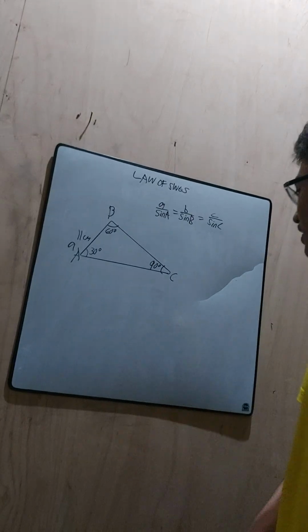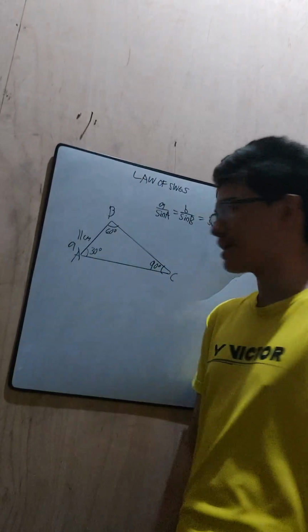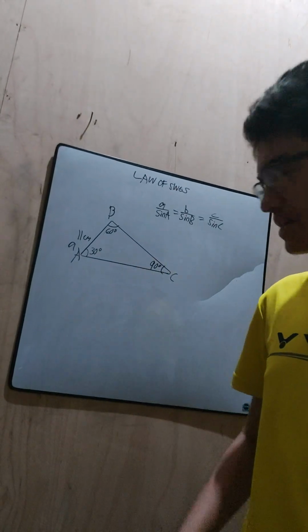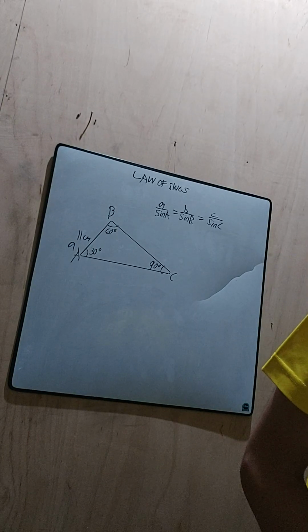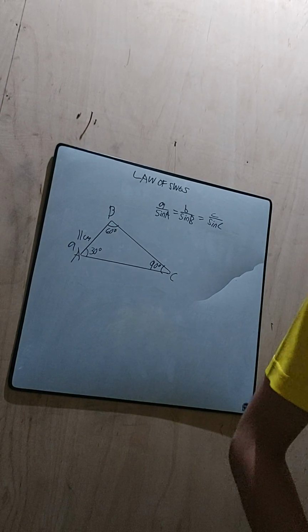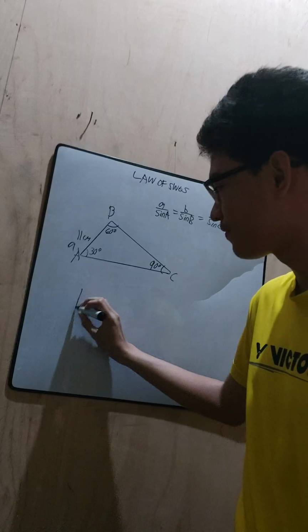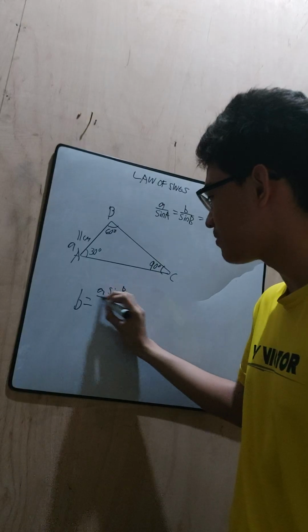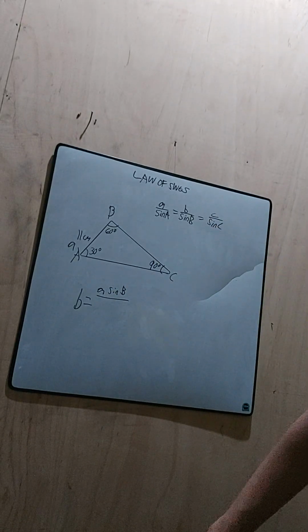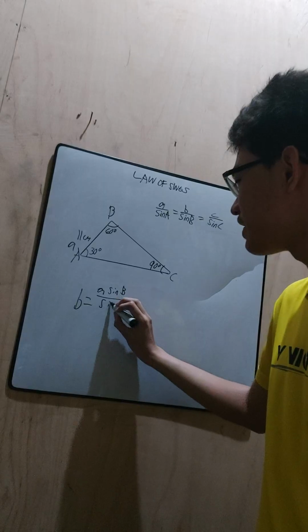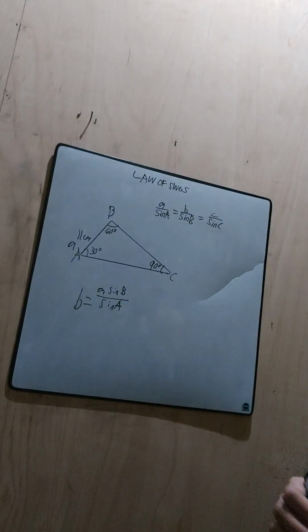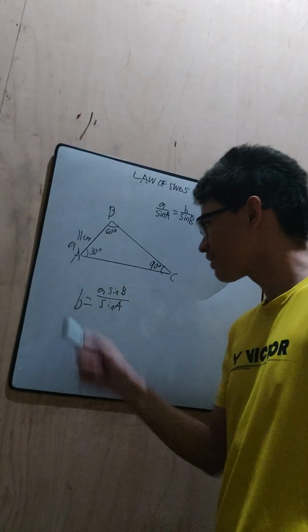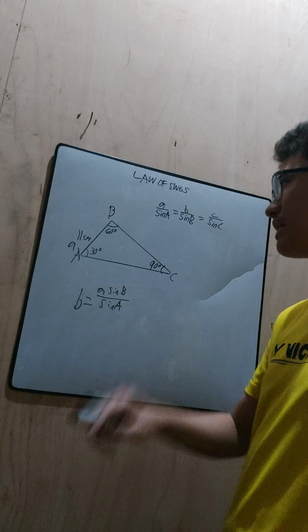Okay, so we know these are the given angles. Now, C and B are missing, so in order to solve for B, we're going to use this formula: B equals A times sine B over sine A. This will get us the side B over there.